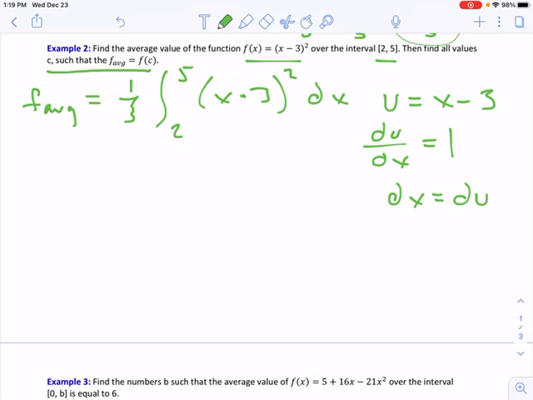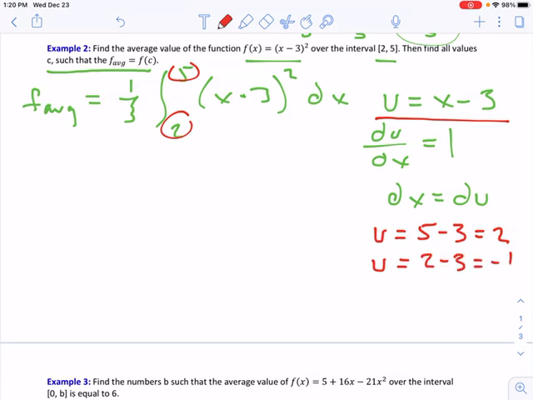We're also going to want to change our bounds of integration in this problem, the 5 and the 2, by plugging them into this. So u is equal to, my upper bound, 5 minus 3, which is 2, and then my lower bound, 2 minus 3, is negative 1.